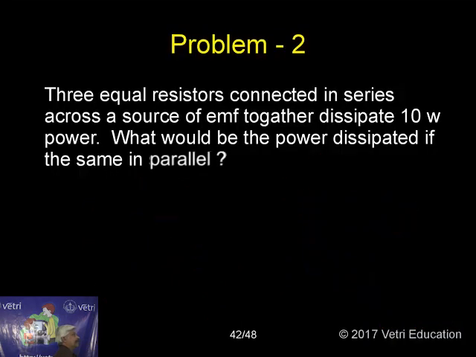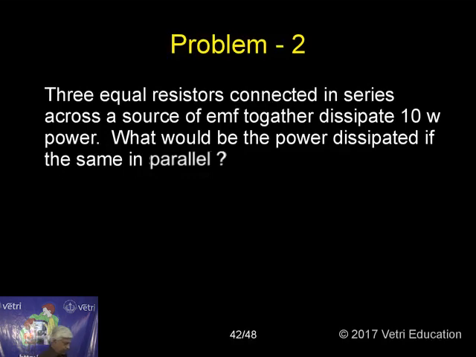What is the next problem, number 2? Three equal resistors connected in series across a source of EMF together dissipated 10 watt power. What would be the power dissipated if the same are connected in parallel? That is the question asked.